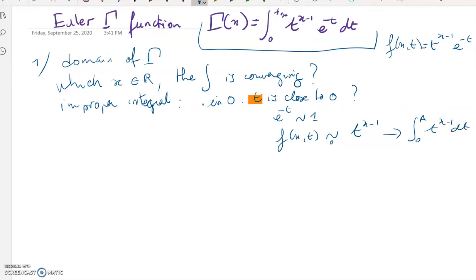If you remember, that's exactly a Riemann integral. So what do we need? We need x minus 1 to be bigger than negative 1.